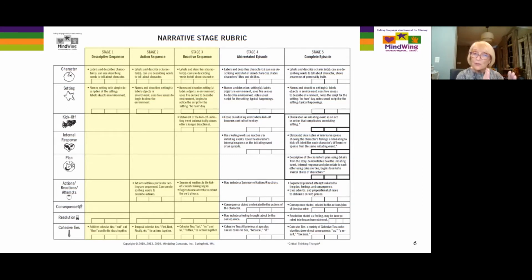And as children progress over years sometimes, they get eventually to the stage 5, to the narrative, and then above that. You'll notice there's cohesive tie annotations at the bottom. So down the side are the icons for a complete episode, and then it progresses from left to right with more under each of the columns.